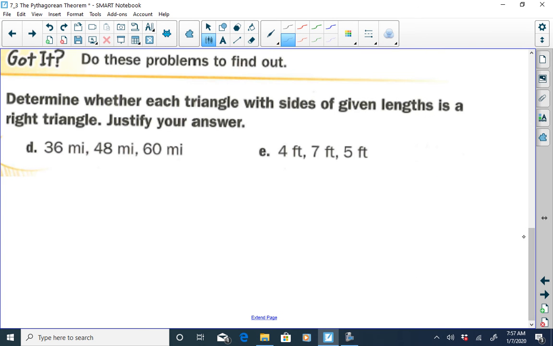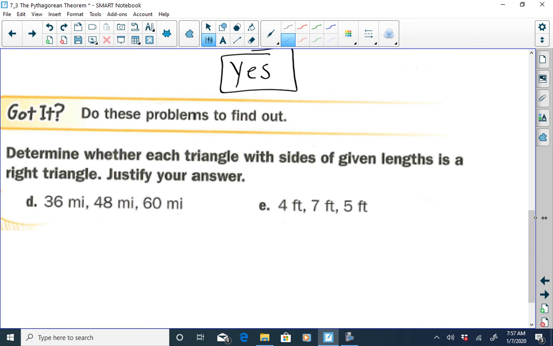All right, so let's try this a couple of times to see if triangles are right triangles or not. So we always write the formula, a squared plus b squared is going to be equal to c squared. Is 36 squared plus 48 squared equal to 60 squared?